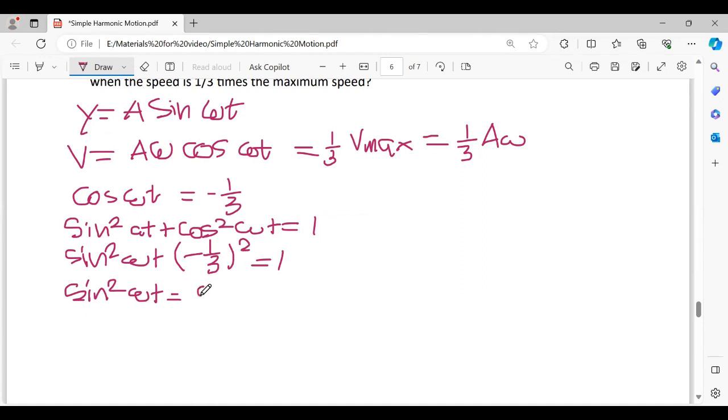It means 8 over 9. So sine omega t equals square root of 8 over 9.